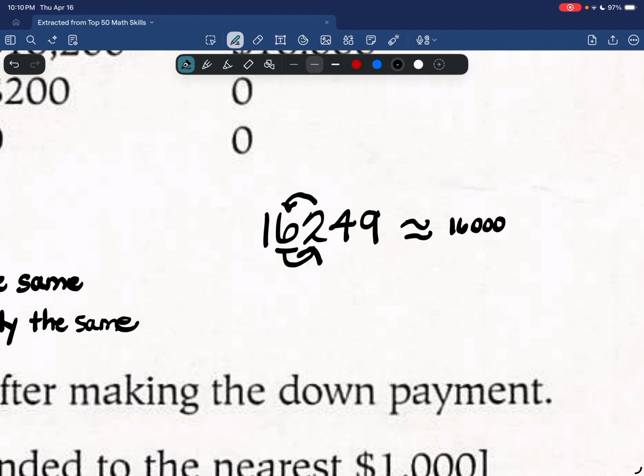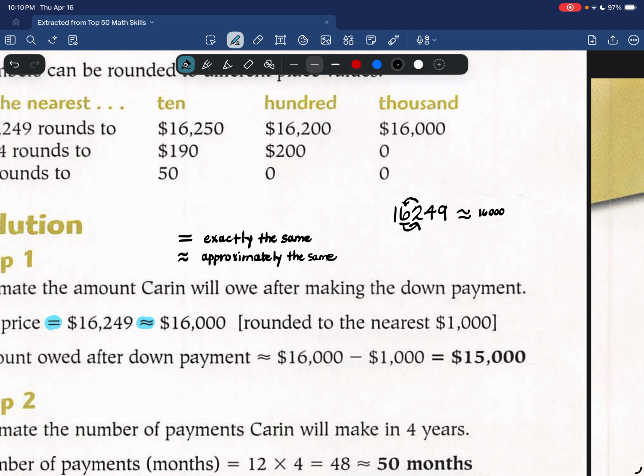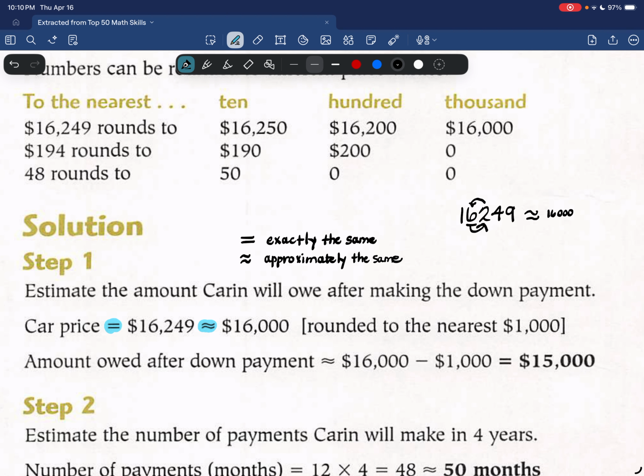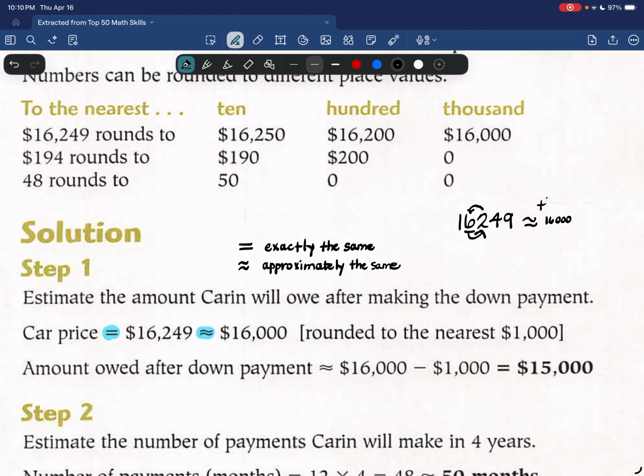And you might be wondering why I went to the thousands place. The reason is because my down payment is $1,000. So that $1,000 matches the thousands place or the thousands estimate right here.